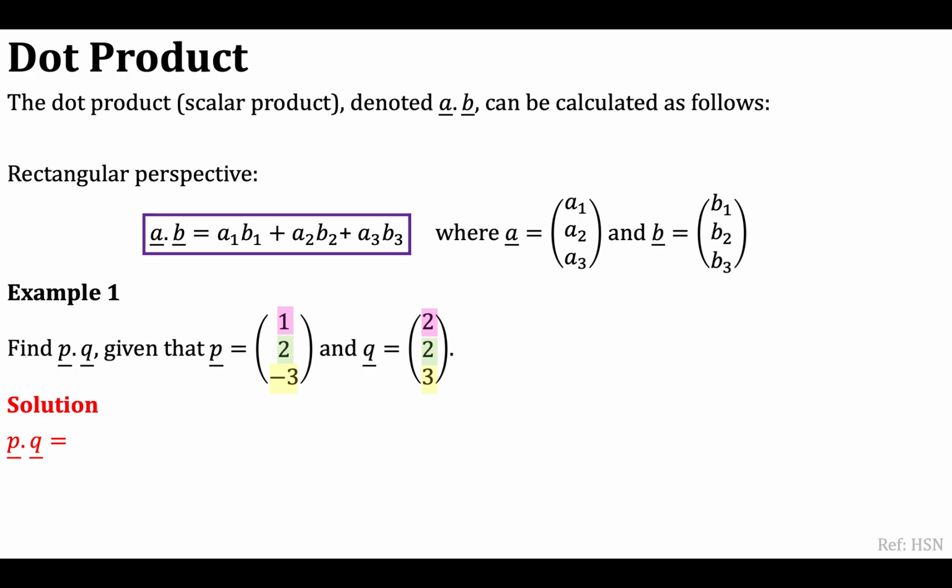So we find the products of each of these and then we sum these products. So that's 1 multiplied by 2, plus 2 multiplied by 2, plus negative 3 multiplied by 3. That gives us 2 plus 4 plus negative 9, which when we carry out that sum, we get negative 3. So that is a reverse growth of 3 in the original direction of P.